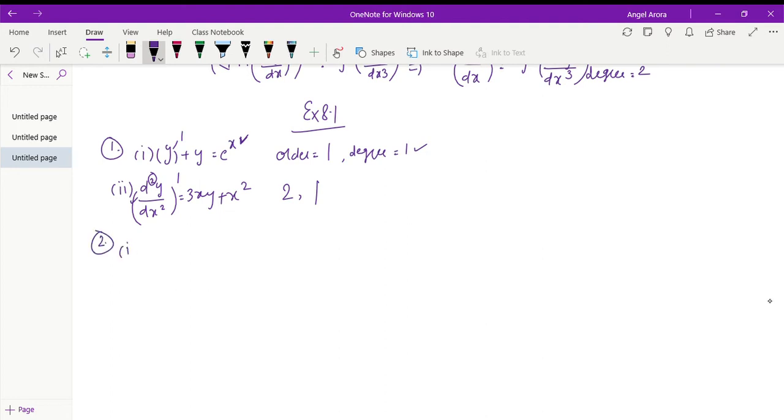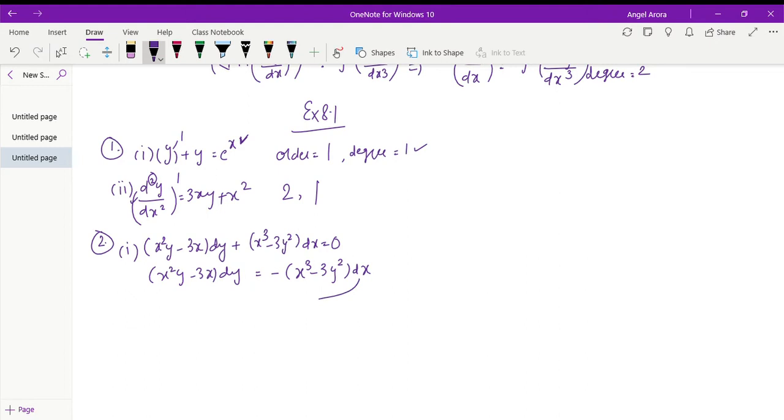The second sum, first part: x squared y minus 3x dy plus x cube minus 3y squared dx is equal to 0. So x squared y minus 3x dy is equal to minus, taking this expression to the right hand side, 3y squared dx.